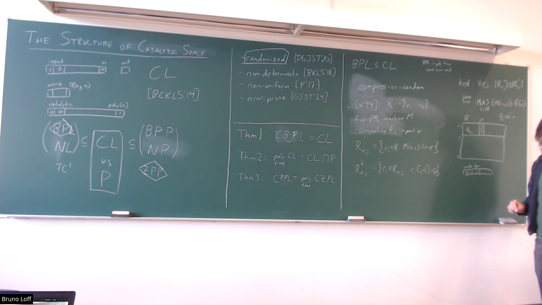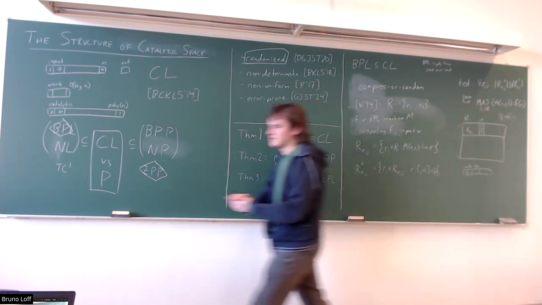But then K being small means it's not unbalanced. Yes, right, that's an issue.